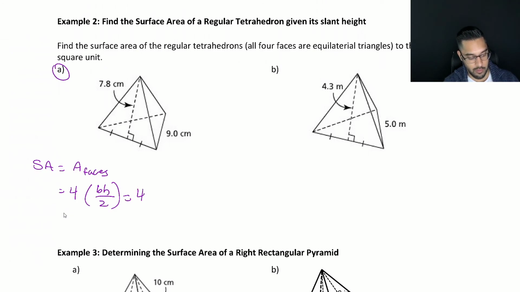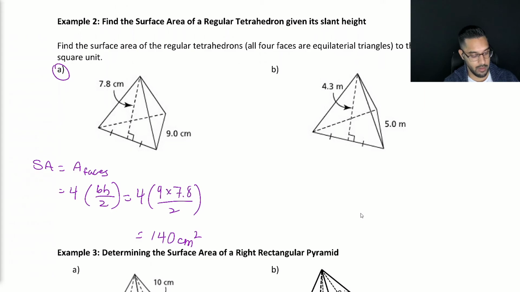So if we fill in the information there, 9 is that base, times the height of that triangle, which is 7.8, over 2. So the area of one triangle is 9 times 7.8 over 2. Multiply by 4 to get all 4 of their areas combined, and we will find that the area works out to be 140 centimeters squared. So just to the nearest whole number, once again, nearest square unit, 140 centimeters squared.